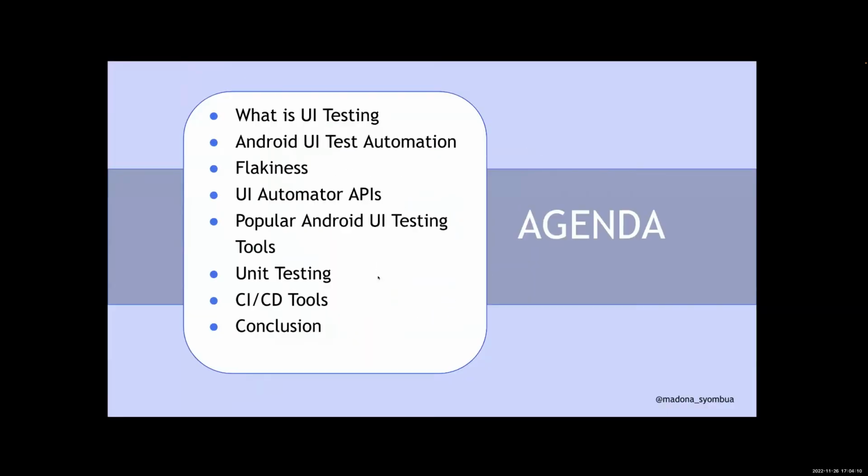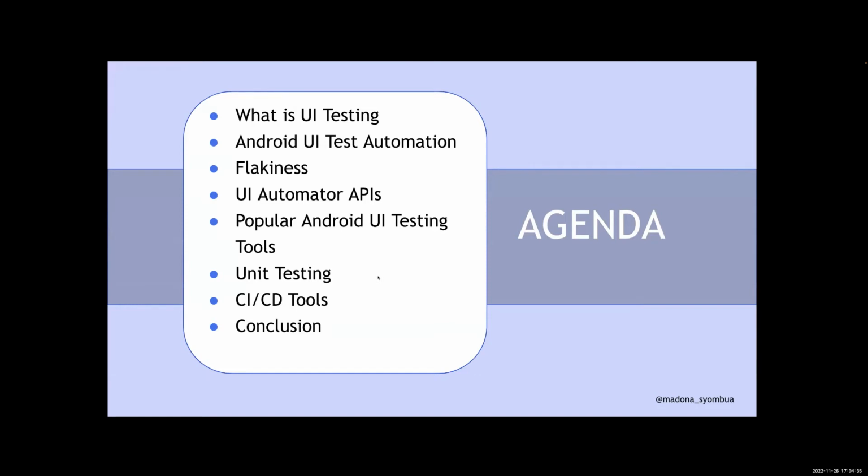Okay, good. Now, today's agenda, we're going to be talking about what is UI testing, and then we're going to talk a little bit about Android UI test automation. And I think in Android, it would be unfair to talk about everything without mentioning the flakiness. So I'm going to be sharing some resources. I'm going to talk about the UI Automator API tools that are there that you can explore.